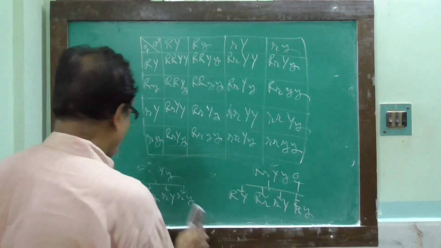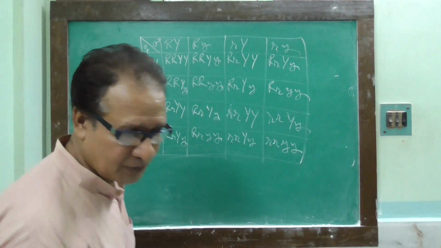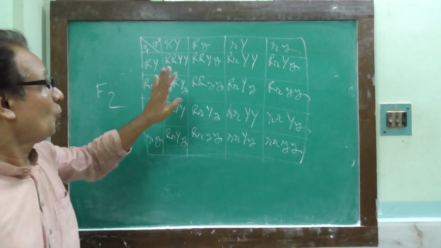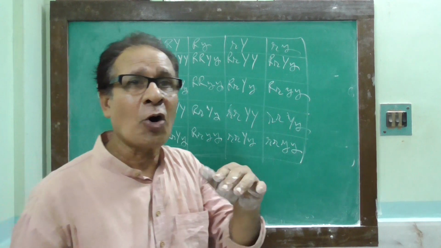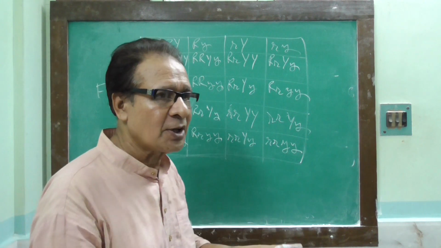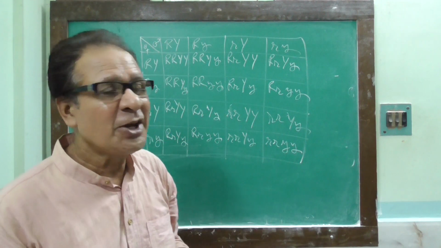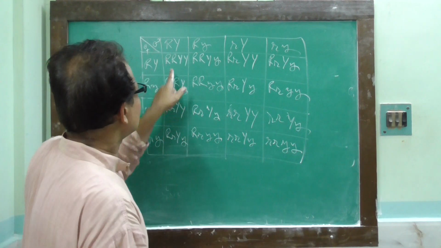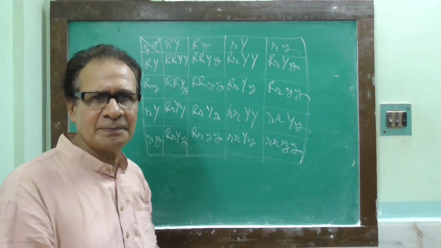From this cross, now we find out the result, the phenotypic ratio and genotypic ratio. Where you see 1 or 2 capital R, it is round. And where you see 1 or 2 capital Y, it is yellow. In case of wrinkled, it is 2 small r. In case of green, it is 2 small y.